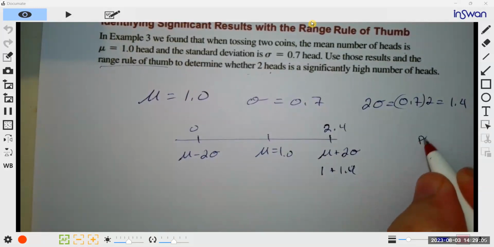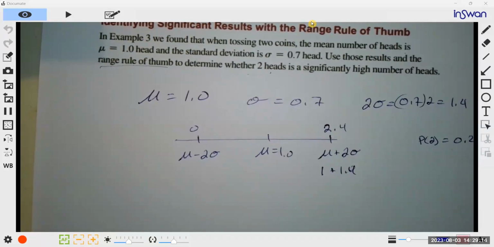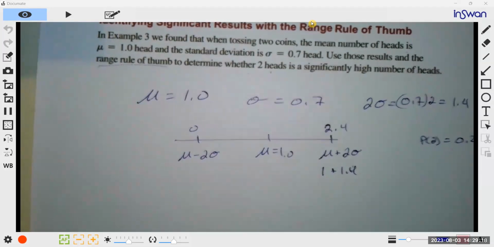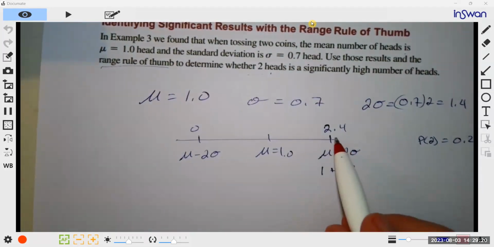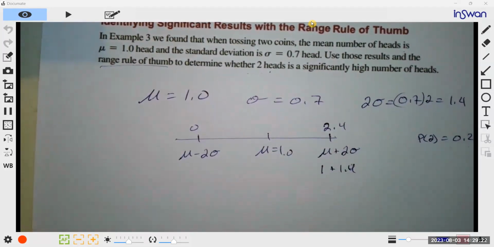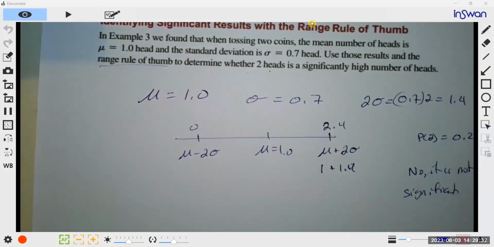The probability of 2 heads was 0.25. So what do we get there? 0.25. So no, it is not significant.